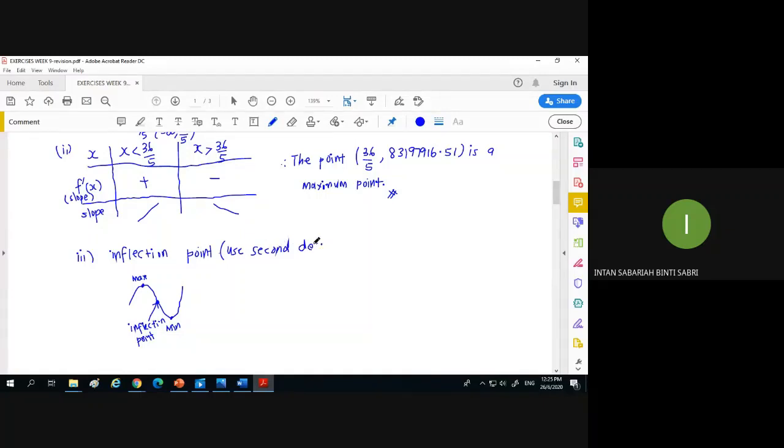Meaning you have to differentiate. Bear in mind it is not the second derivative test.